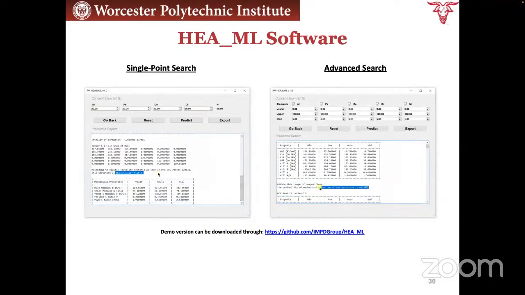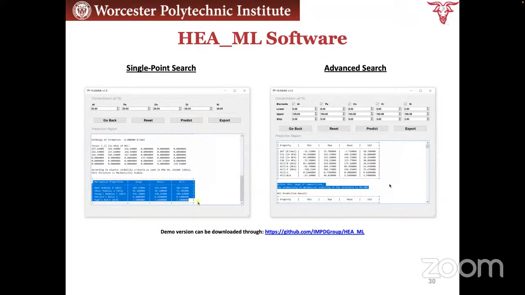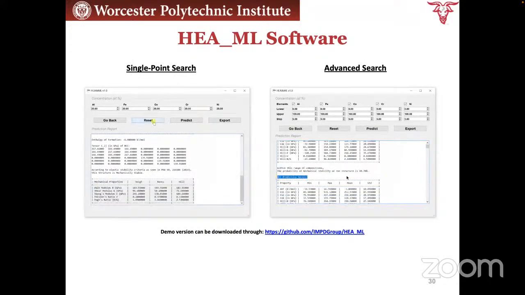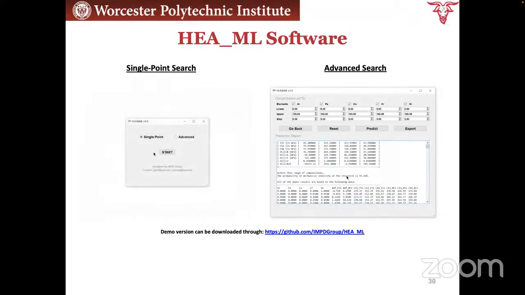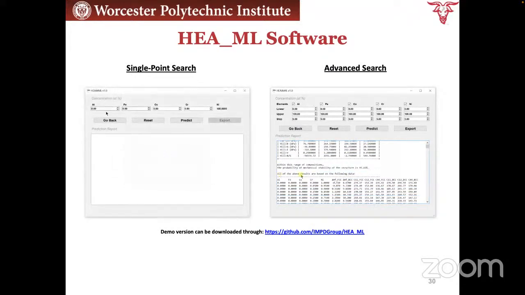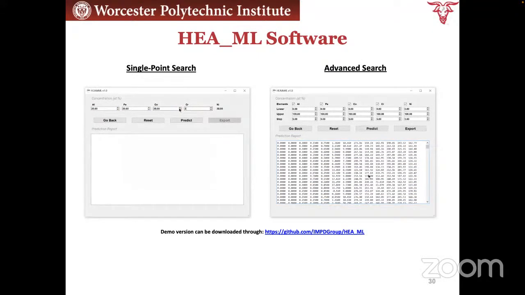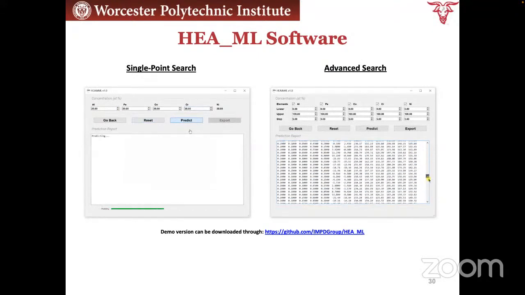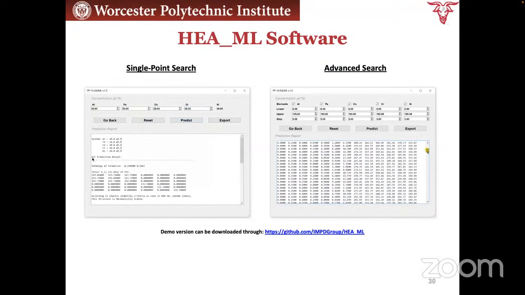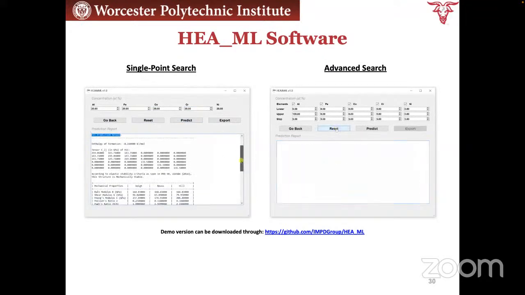If you know your composition range, this can do thousands or even tens of thousands of calculations for you, and with that you can do the screening by yourself. If you have interest, just go ahead and check here for the details.